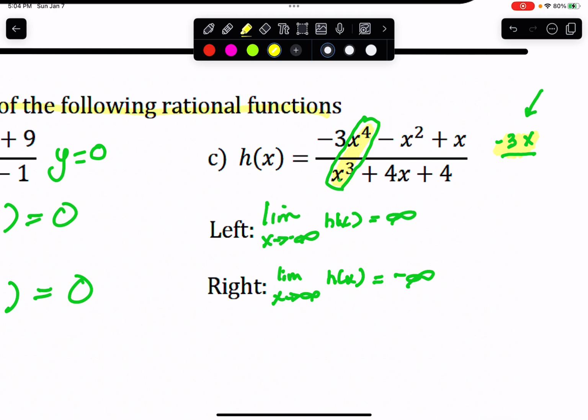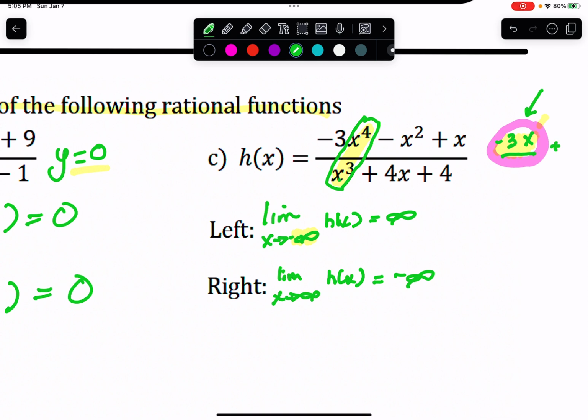Now, if I want to see the end behavior, I know that they're going to be infinities because they don't have a horizontal asymptote. So how do I figure out what they go to? For the limit as x goes to negative infinity, I pretended to put in larger and larger negative numbers, and a negative ends up being a positive.